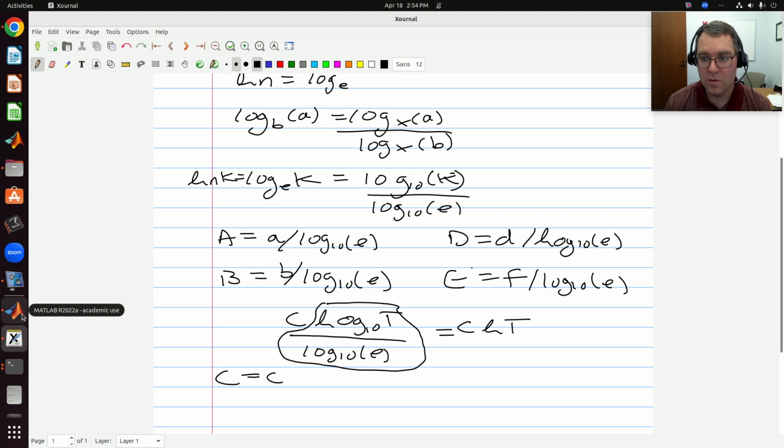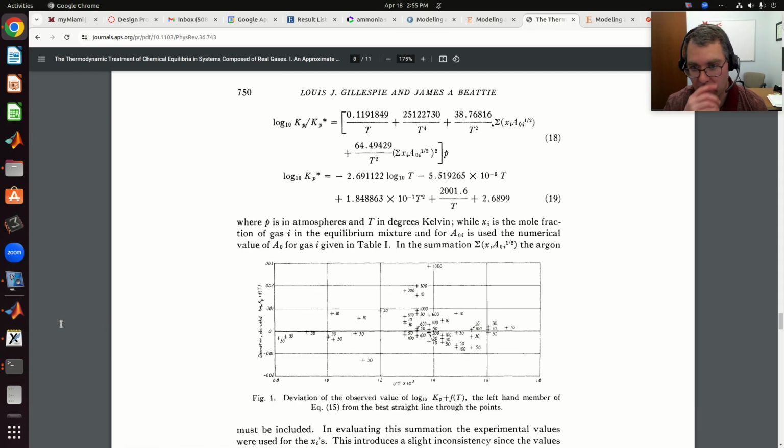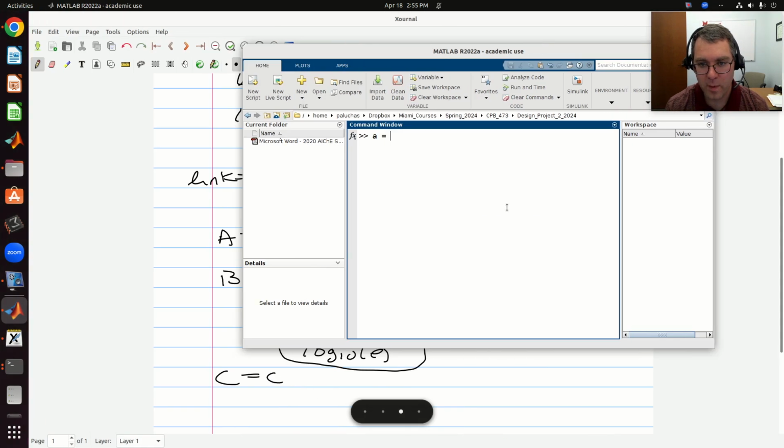If I pop up MATLAB, now we're going to try and convert these things. Looking over here at Gillespie, A is this first term. A is 2.6899.